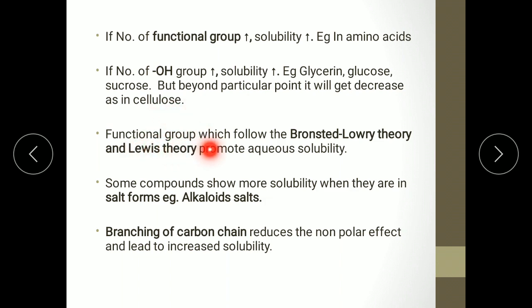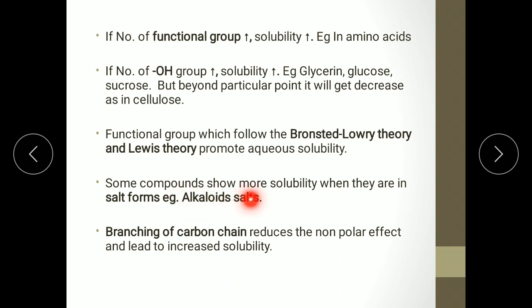Next is functional groups which follow the Bronsted-Lowry theory and Lewis theory, which promote aqueous solubility. It means those solute-solvent interactions which follow these acid-base theories also promote aqueous solubility.